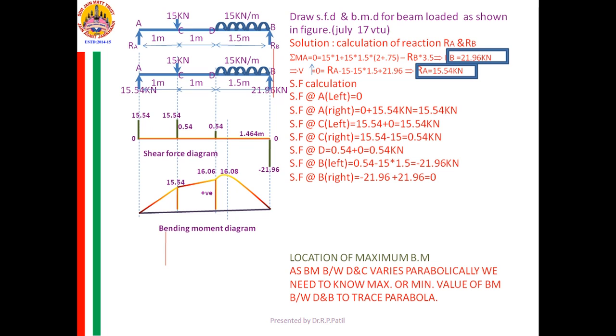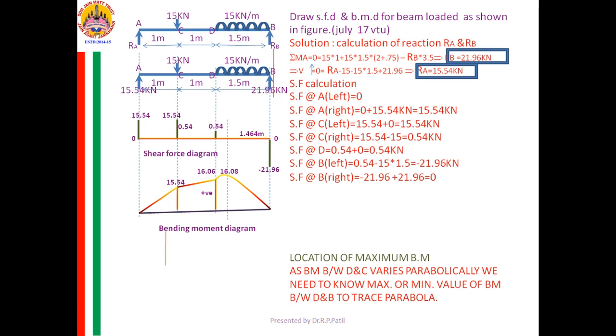Now, how to join it? Whether parabolic, cubic curve, straight line, that will be decided by what is the load on the part AC. On the part AC, load is 0.